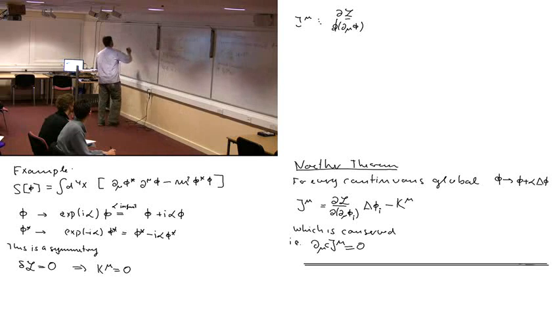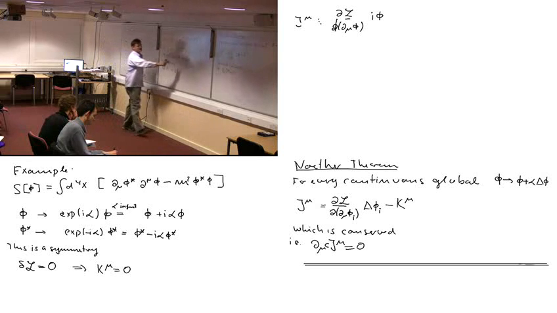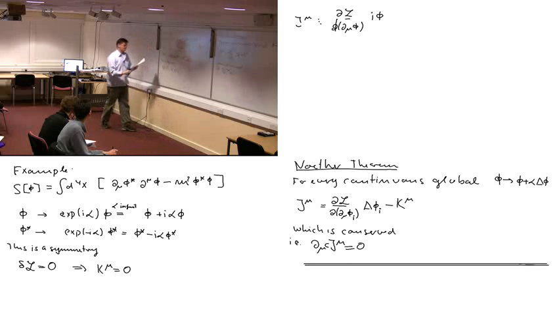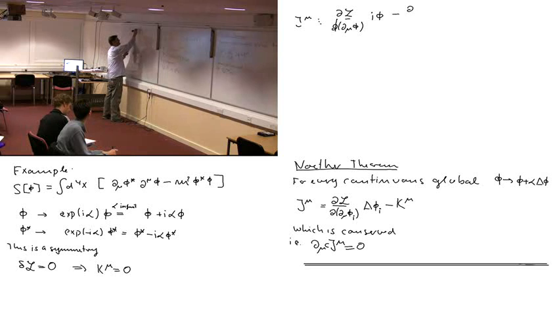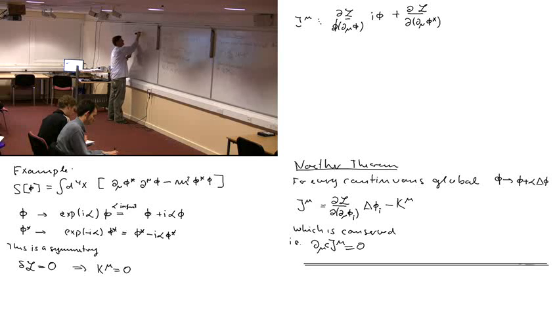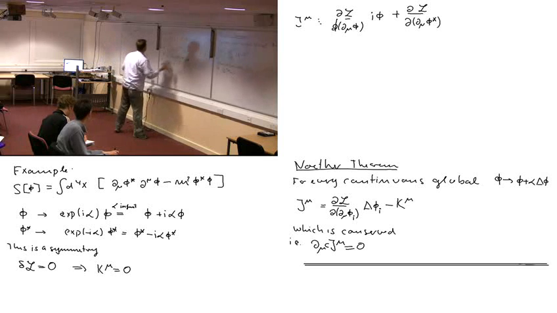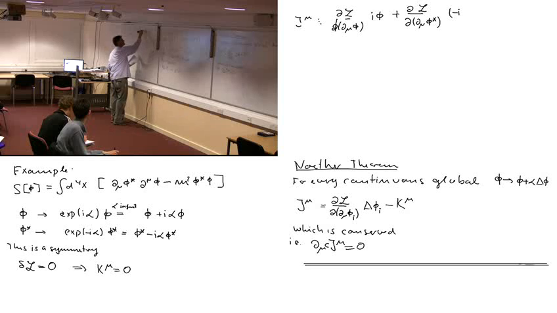So this is times I times phi, because that's our change, plus dL by d mu phi star, and now we have minus I phi star over here.